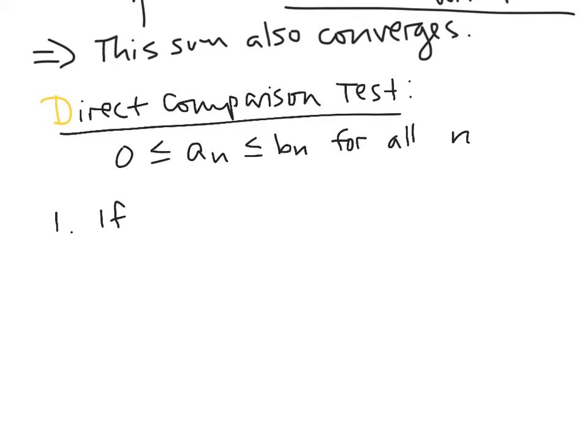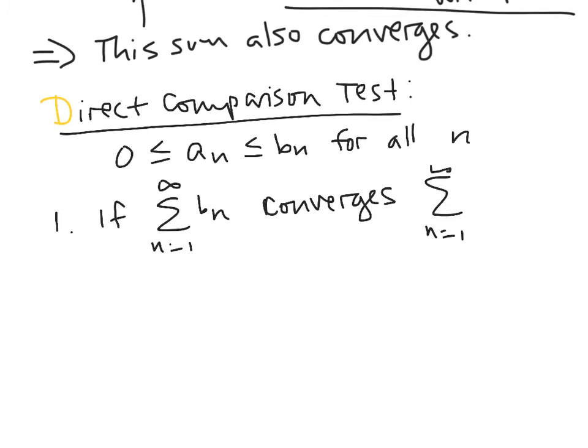If we know that the sum of the b sub n's converges, then we know that the sum of the a sub n's will also converge.